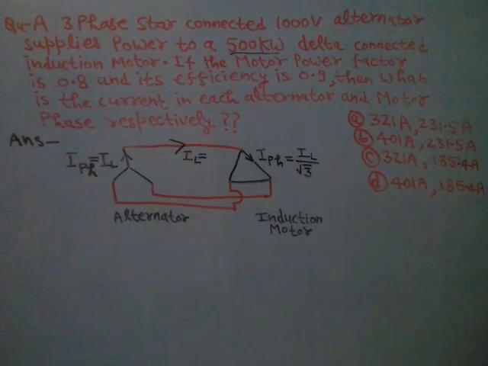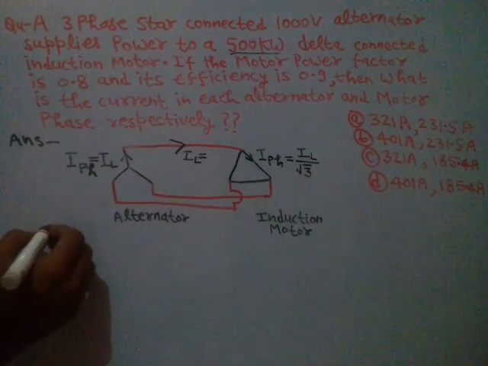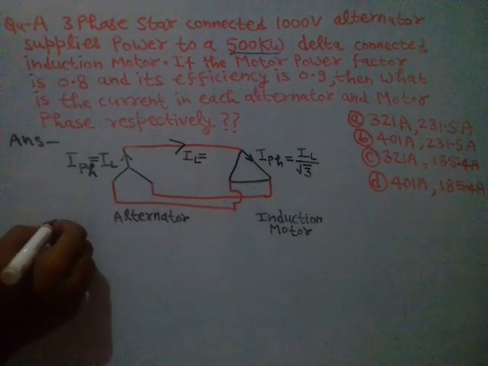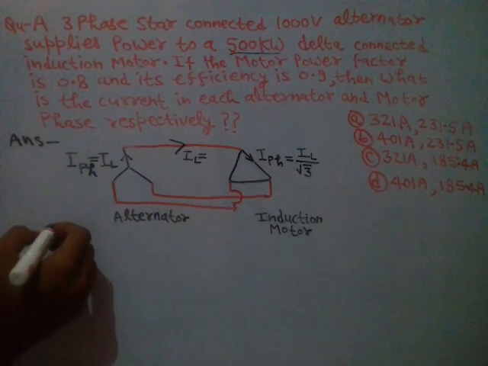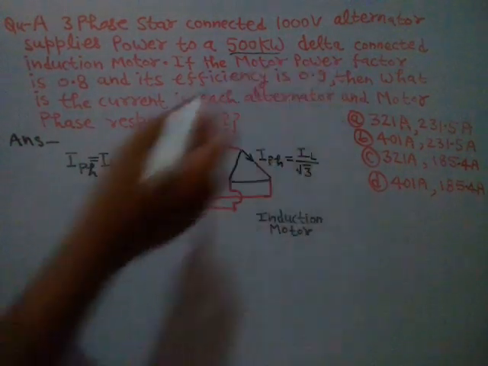So first we will have to calculate the power input to the induction motor. Power input is nothing but output divided by efficiency, that is 0.9.